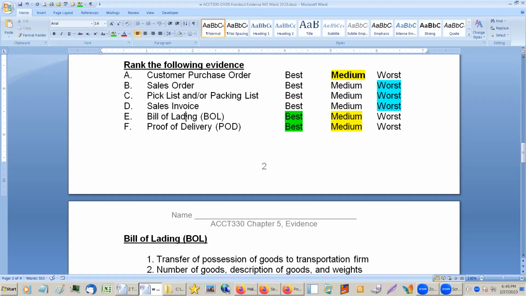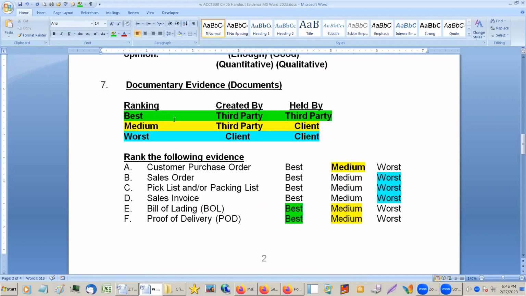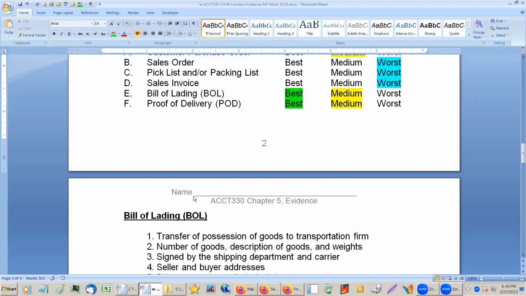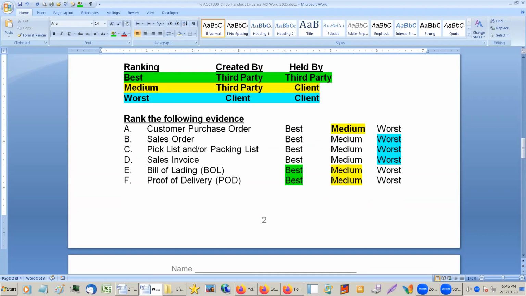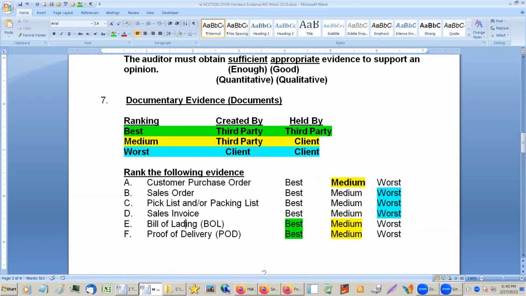We'll talk about down here what the bill of lading is and what the proof of delivery is. So it is possible, if you contact the shippers, that you could have them resend it to you. I guess you could do the same thing with the purchase order, although maybe a little bit odd to have that happen. But certainly the shipping documents you could get.